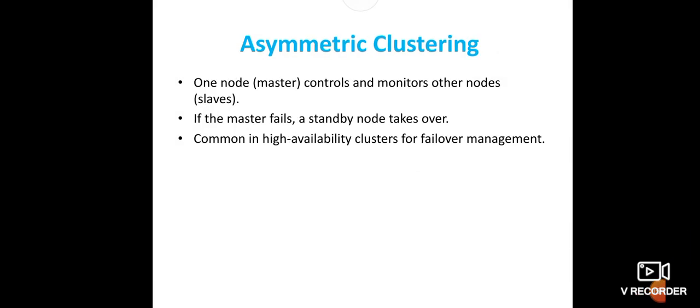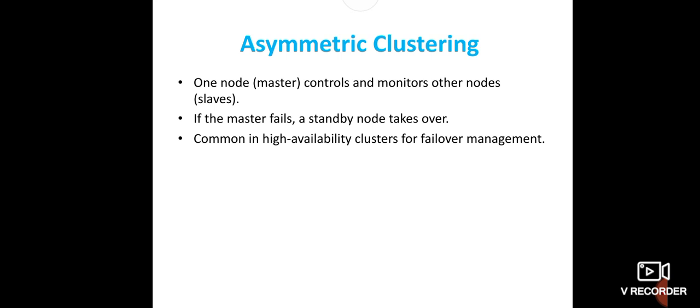And then we know about asymmetric clustering. In the asymmetric cluster, one node acts as a master and controls the others, which are called slaves. The master node manages its tasks and assigns work to the slave nodes. If the master node fails, a standby node takes over.